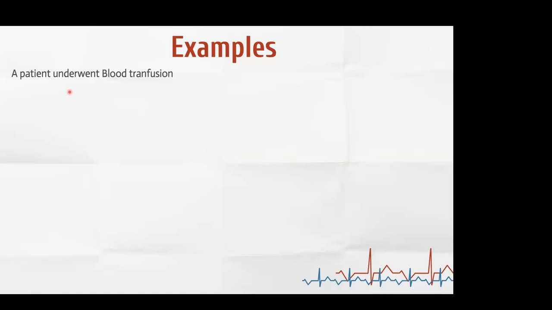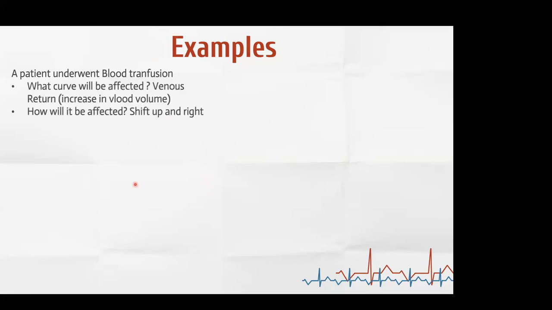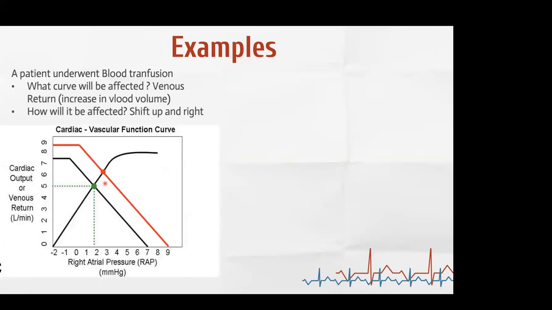A patient underwent blood transfusion. What did we do? You increased blood volume. So which curve will change? The venous return one. And how will it change? Will it go up or will it go down? It will go up, so increase. This is the final.